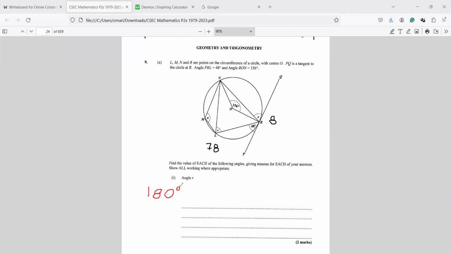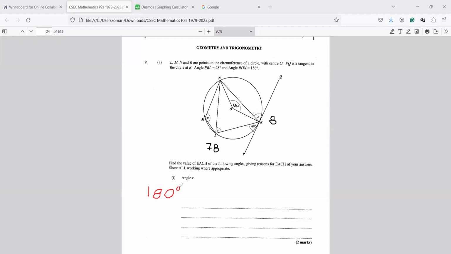If you take 156 away from 180, you get, I think, 48, and if you divide that by 2 evenly, you get 24 on both sides. No, 156 from 180, and then you divide that by 2. So I'm getting 12 there. Hold on, let me check it again.